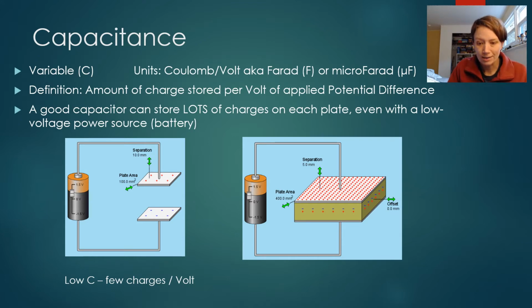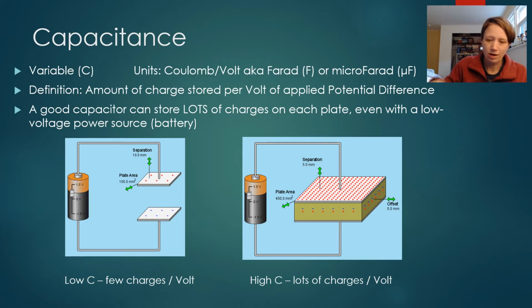Compare and contrast to this screenshot, which is the identical battery, but this capacitor has a lot more protons on the top plate. You can't see the bottom plate, but there would be an equal number of electrons on the bottom plate. So this capacitor stores a whole lot more energy, lots more charges, even given the same battery. So that's a better capacitor.